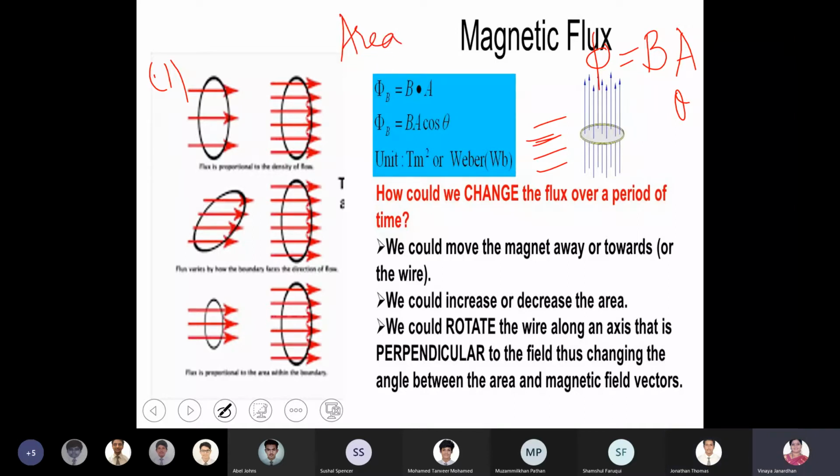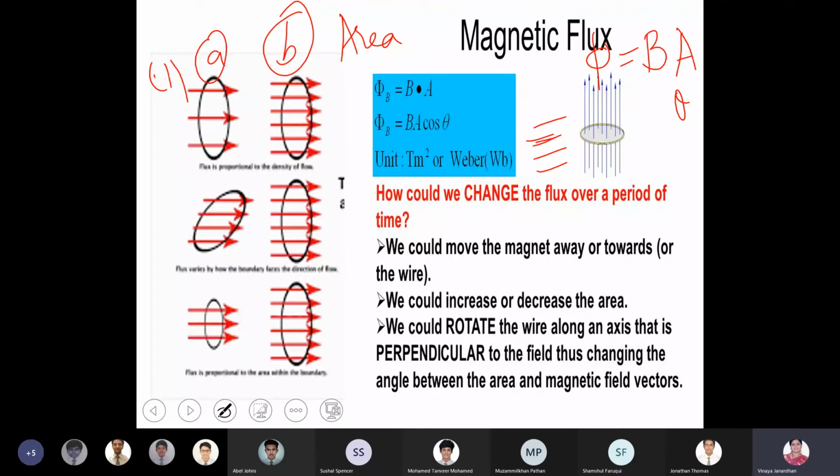What about the strength of the magnetic field passing through these areas? First diagram, consider loop A and loop B. In which loop is the strength of the magnetic field greater? How do you measure? Just by the field lines.